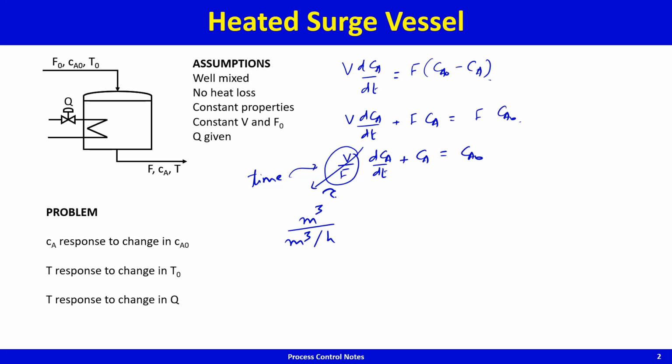And then what we get as our governing material balance equation is tau dCa by dt plus Ca is equal to Ca naught. This is our governing material balance equation.